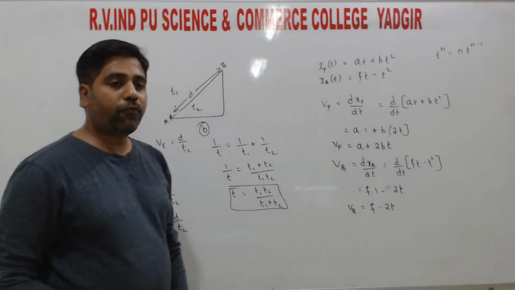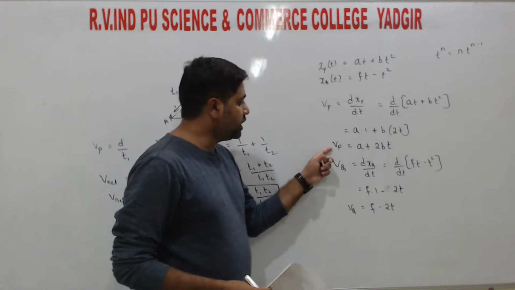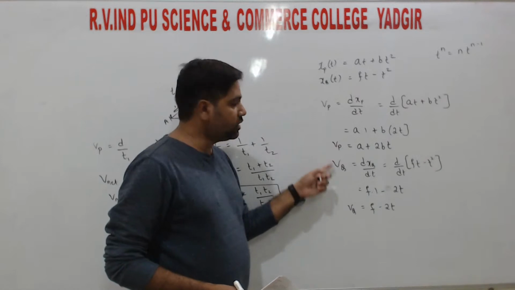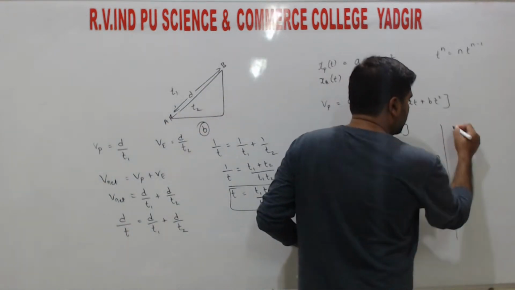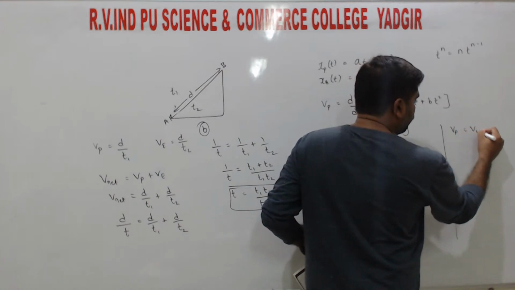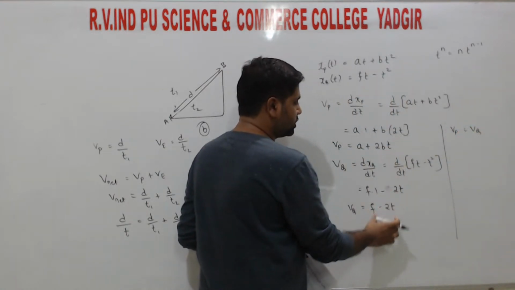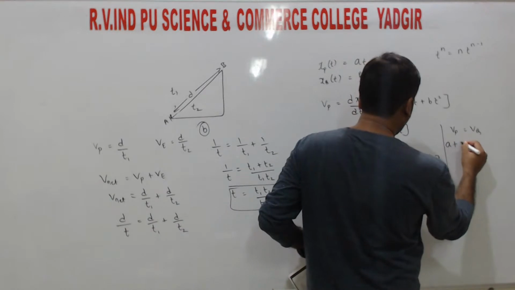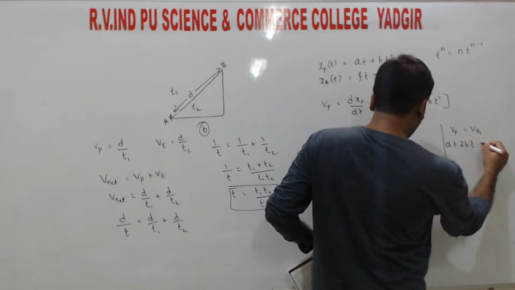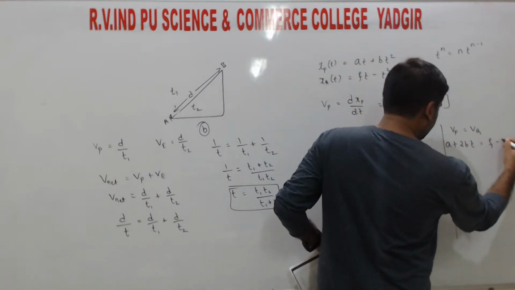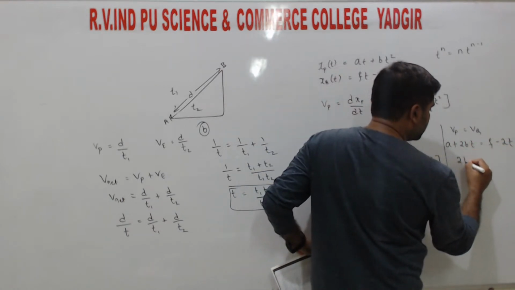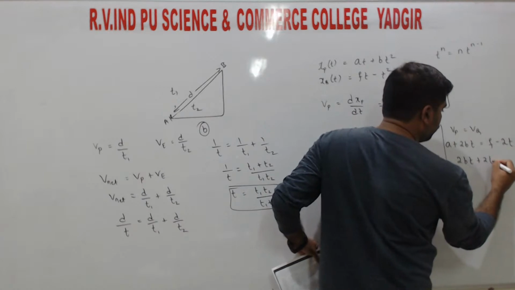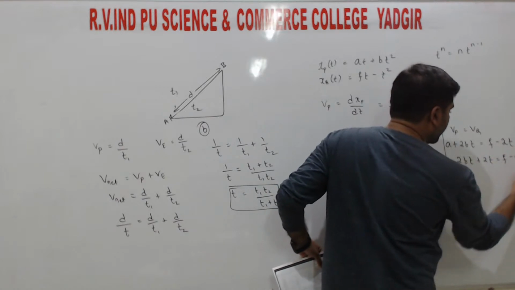Here we are going to find the time at which these two velocities are the same. That means vp is equal to vq. They gave the condition vp equals vq. So substituting the RHS, a plus 2bt is equal to f minus 2t. We need t, so taking terms to the RHS, 2bt plus 2t is equal to f minus a.